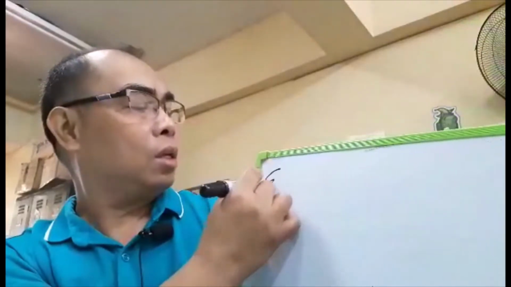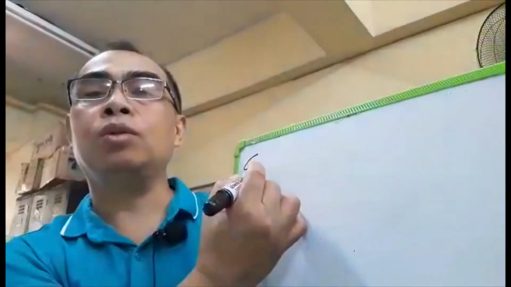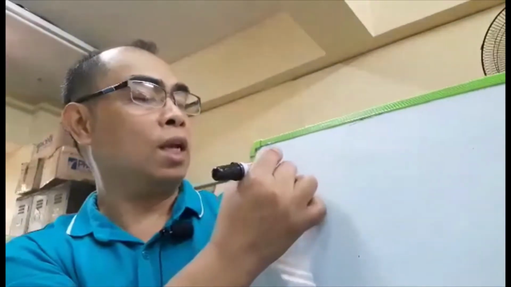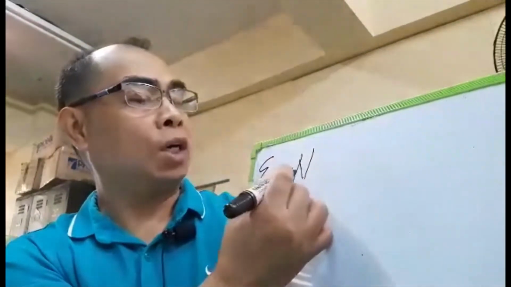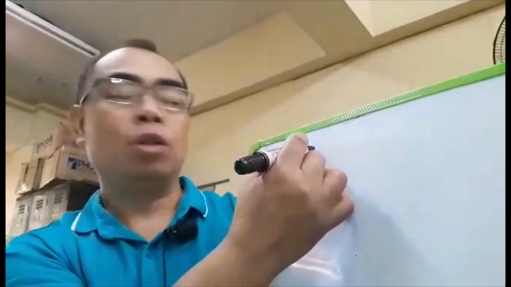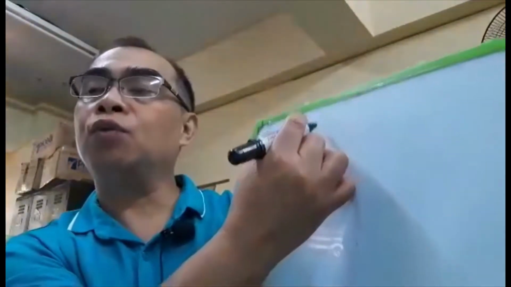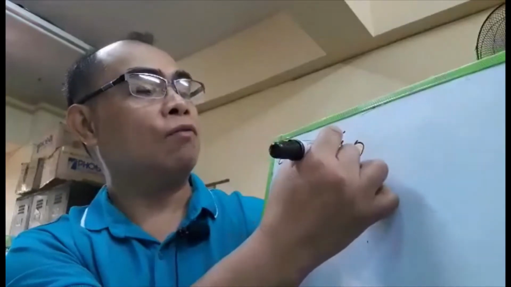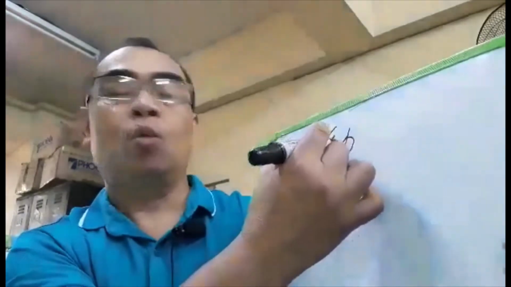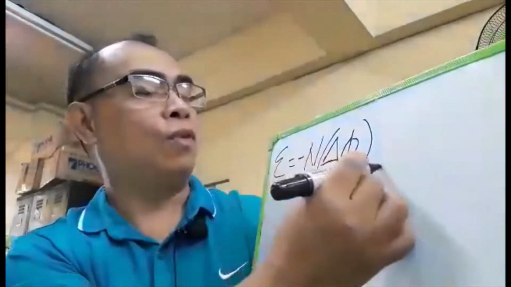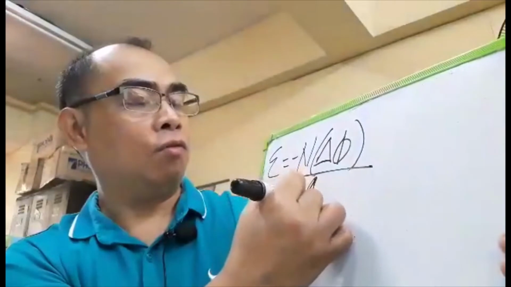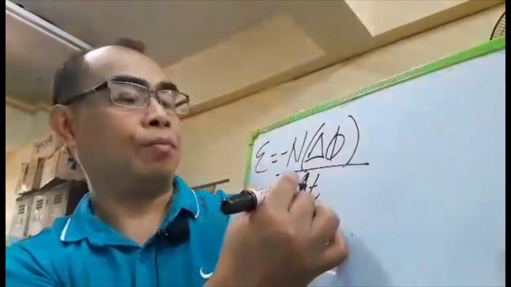So E is denoted as electromagnetic force, which is equal to negative n, the number of turns of the loop, multiplied by the change in the magnetic flux over the change of time.